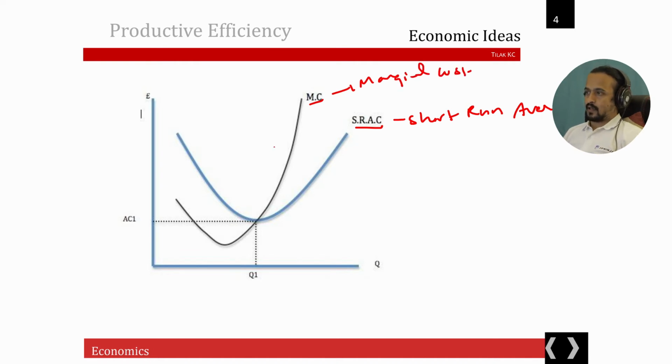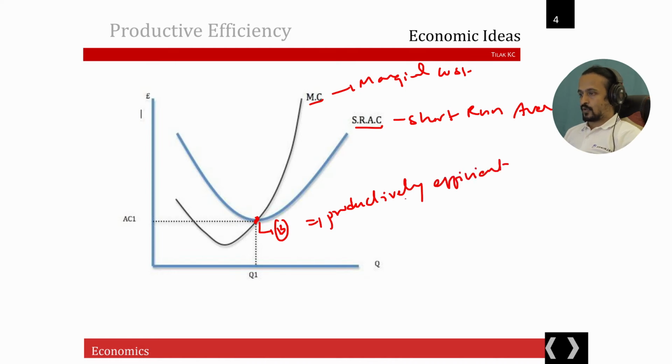Okay, as I had previously stated, MC tends to cross SRAC at the minimum point, right? So if the production happens at this minimum point, let's call it B, then this would also be called the productively efficient point. And similarly, the output Q1 at which this production happens is called the productively efficient output.